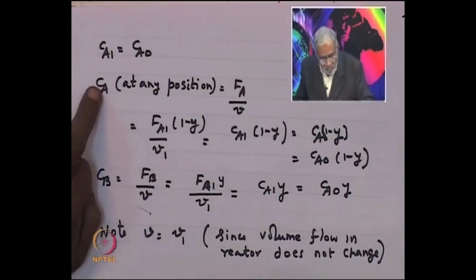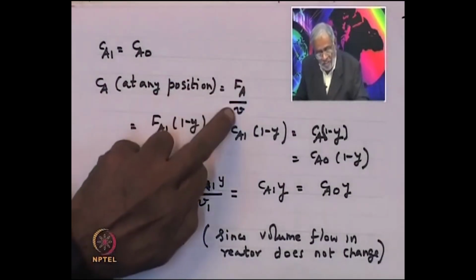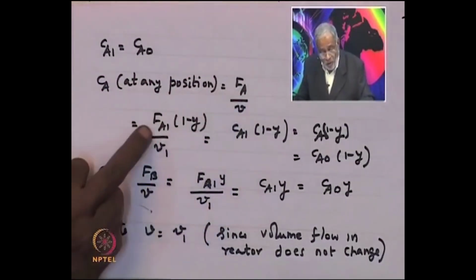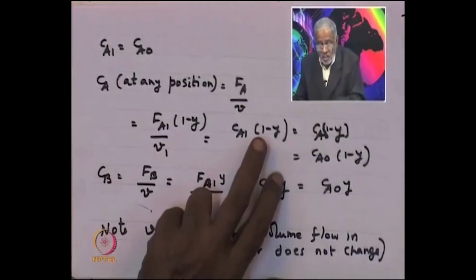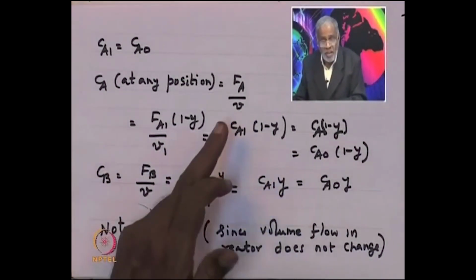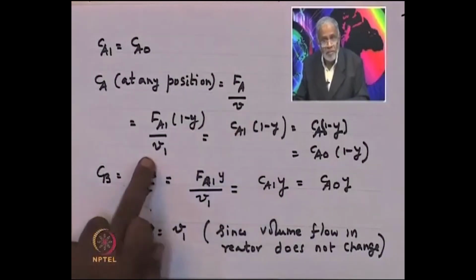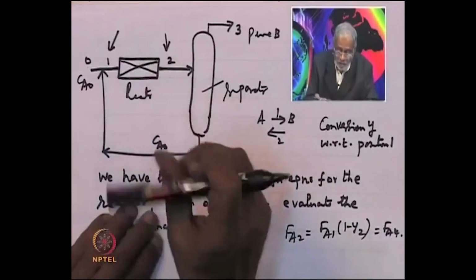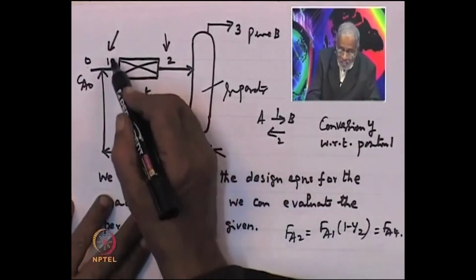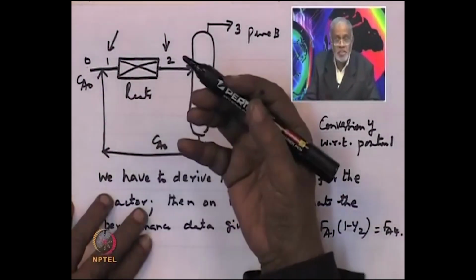Therefore, we have written CA by definition is FA by V. What is FA? FA1 times 1 minus y at any position. What is V? Since there is no change in volumetric flow, V at any position is V1, which is coming in. Or in other words, in this PFR, the flow at any position is same as V1, because there is no volume change in the reaction.